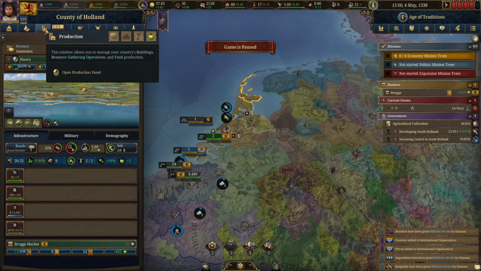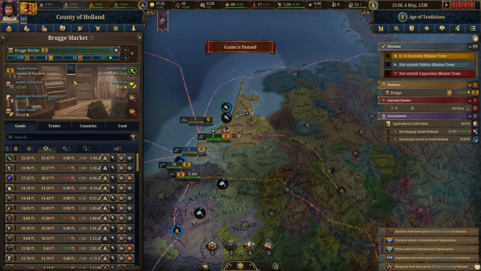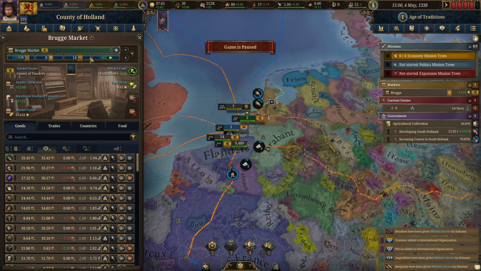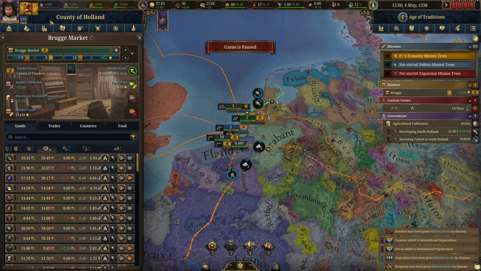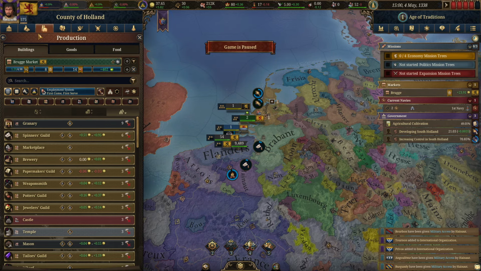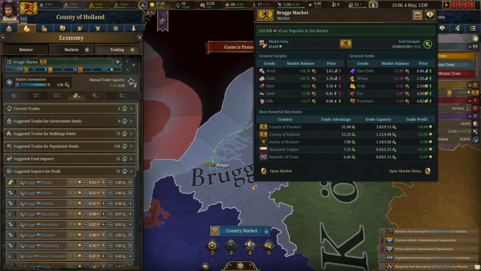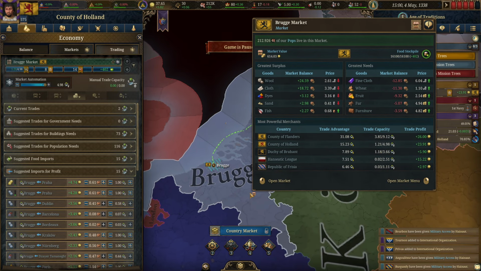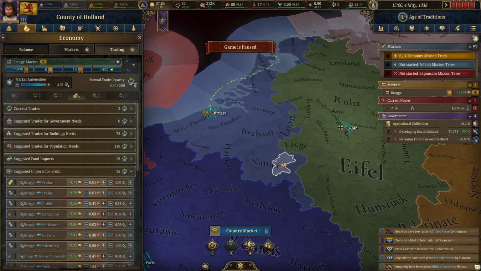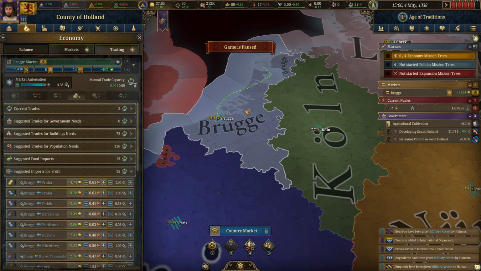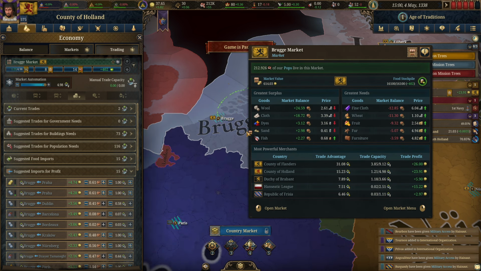Mind you that when we look at the Brugge market, that I said Brugge market. Jeez, sometimes I still have a little bit of a problem finding it here. This is the area that we're talking about. All the countries that live in this area here can take access to everything that is produced here without any extra effort.